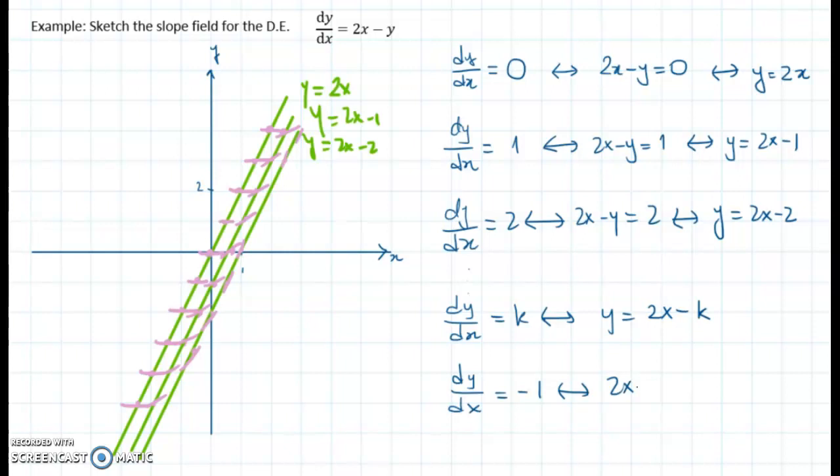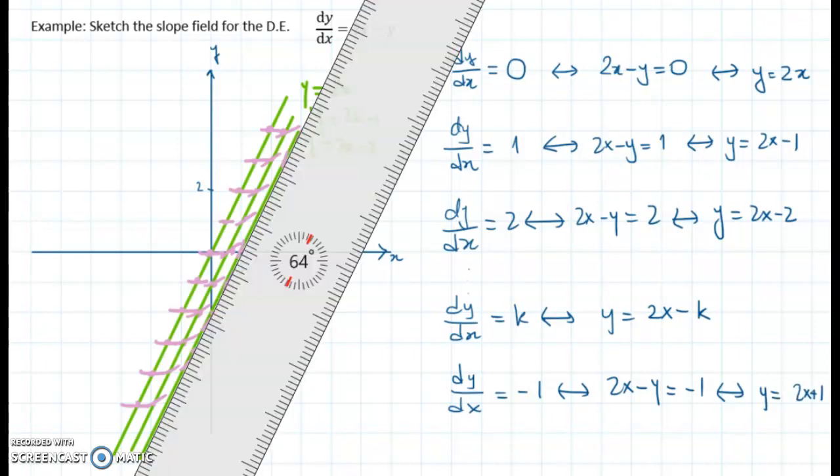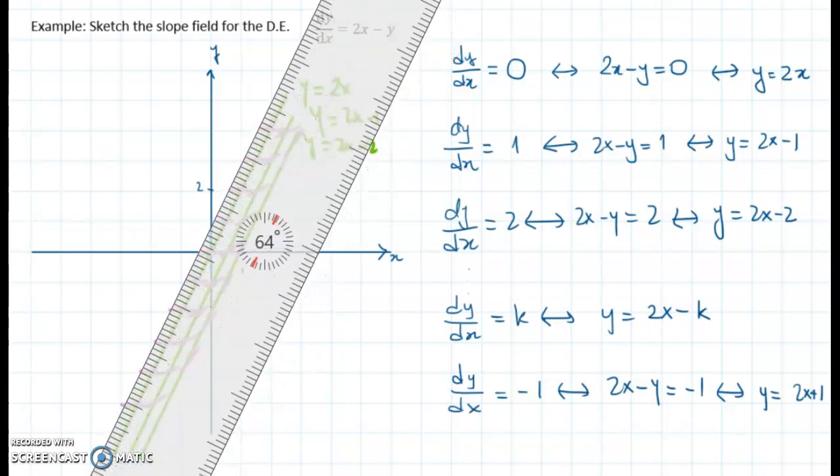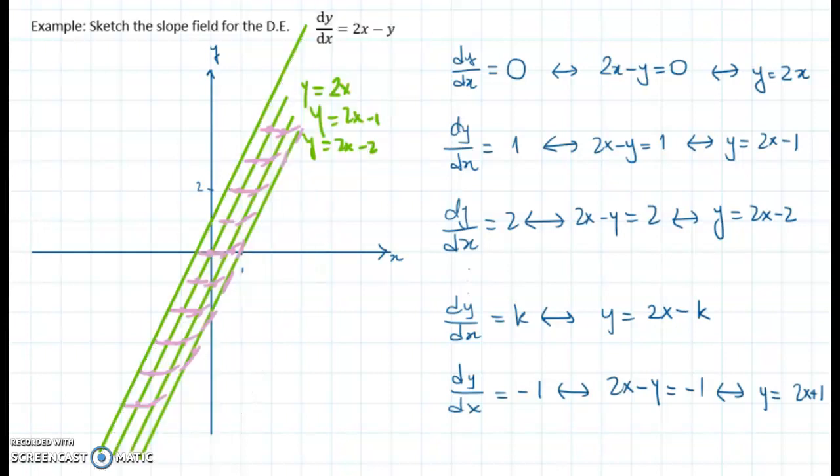That means we want 2x minus y to be equal to -1, and this is going to happen when y is 2x plus 1. So now we are going to have lines that are parallel to the original one, but now they have positive y-intercept. So I'm sketching that line, and now I also want to make the small lines of how it looks when I cross that.